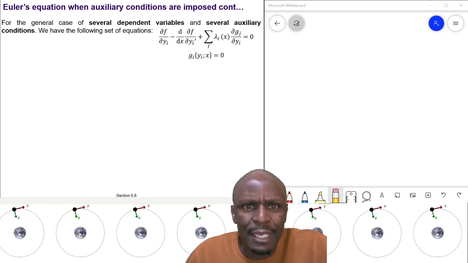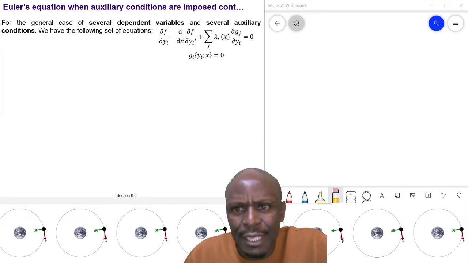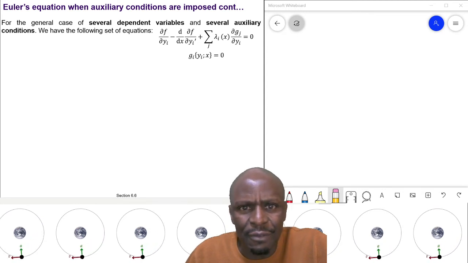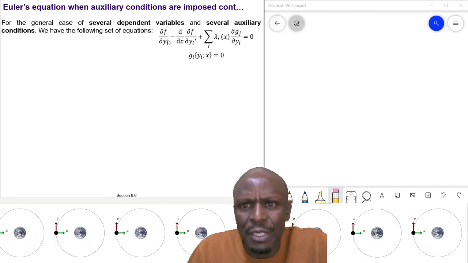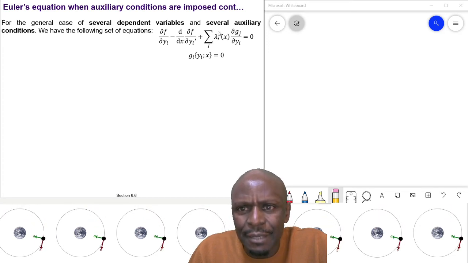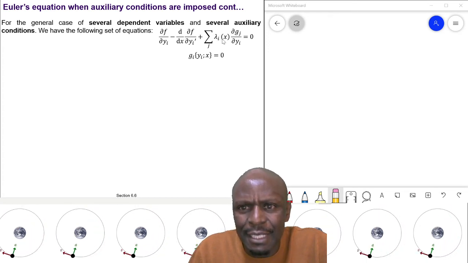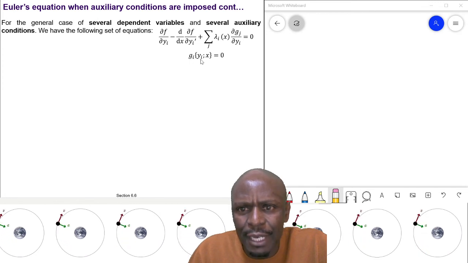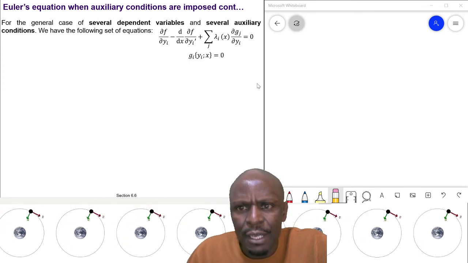Now, for the general case of several variables and several auxiliary conditions, we have the following set of equations, where this is the Lagrange undetermined multiplier, and then you also have this condition for the surface.